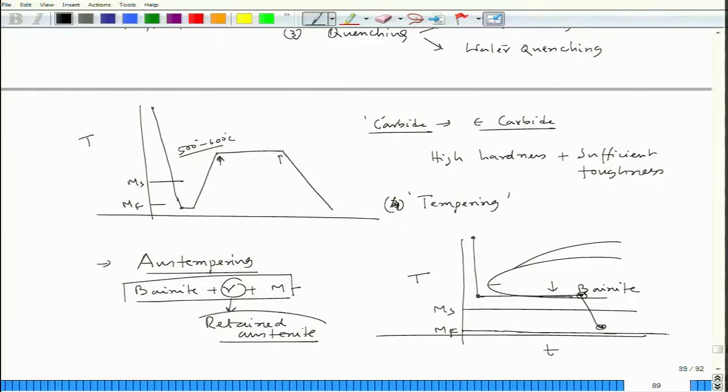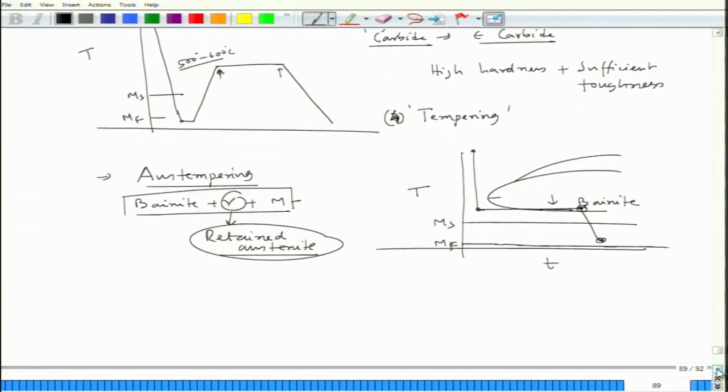And this retained austenite has huge importance in the practical field, because there is a particular steel called TRIP steel, transformation induced plasticity. In this particular steel we have a little bit of retained austenite.